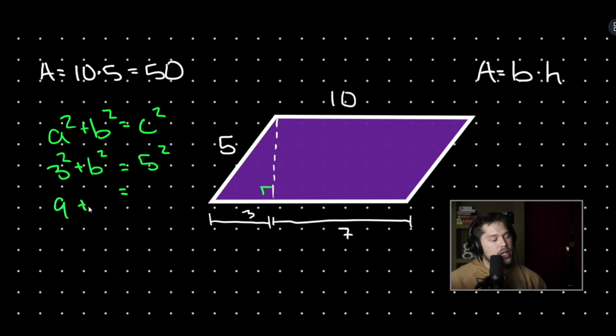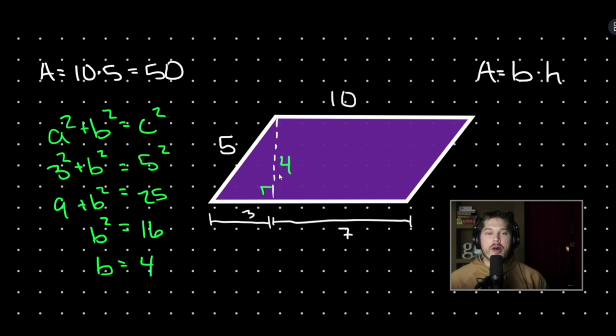So 9 plus b squared is equal to 25. Therefore, b squared, when we subtract 9 from both sides, is equal to 16. And the square root of 16 is 4. So we found that our height of our parallelogram is 4.